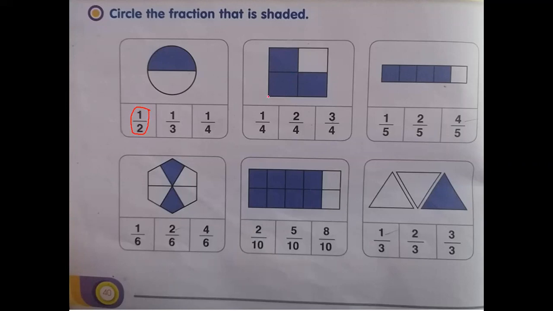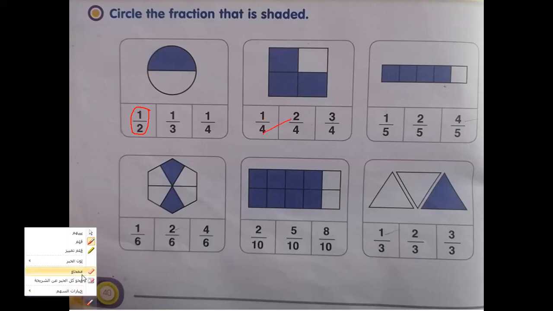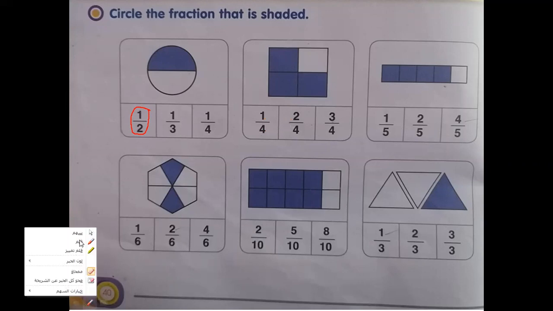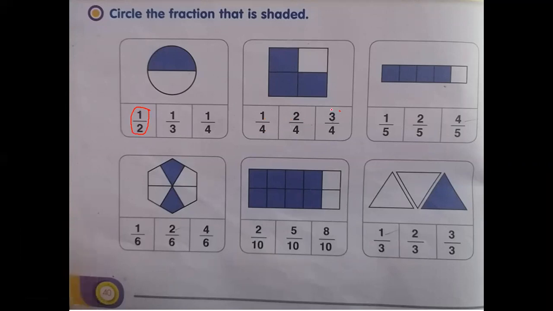Okay, number 2. How many shaded parts do we have? 1, 2, 3. And how many parts in all? 1, 2, 3, 4. So the fraction is 1 over 4, 2 over 4, or 3 over 4. Excellent. So the fraction here is 3 over 4.